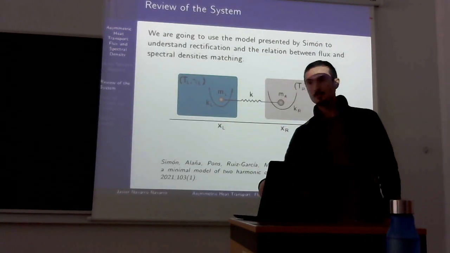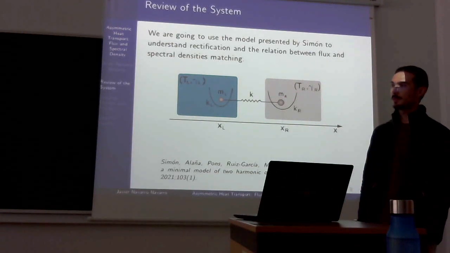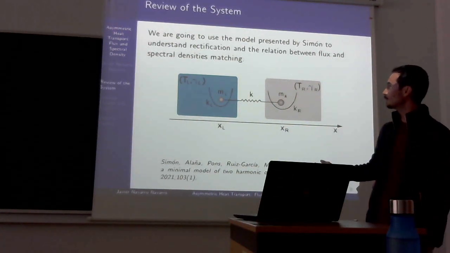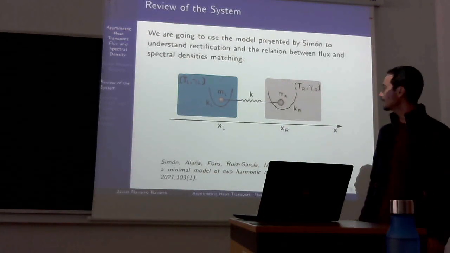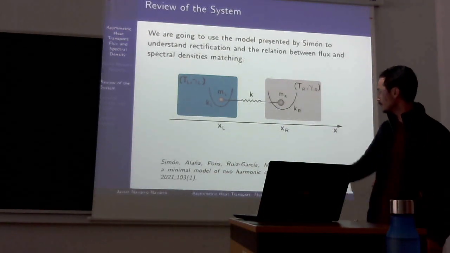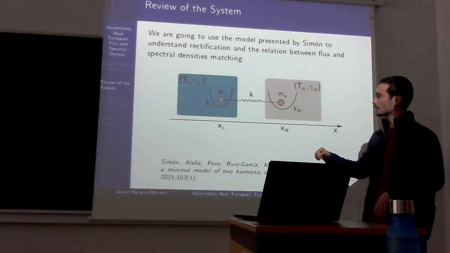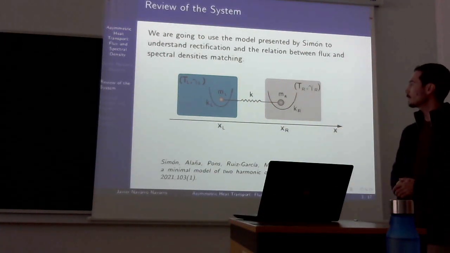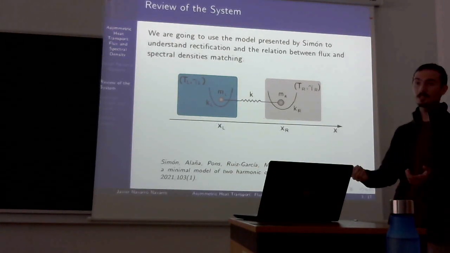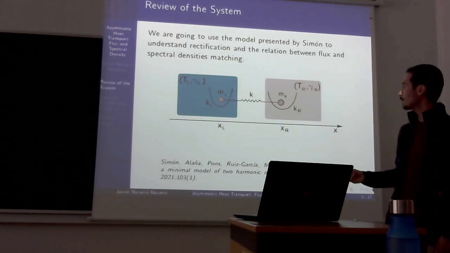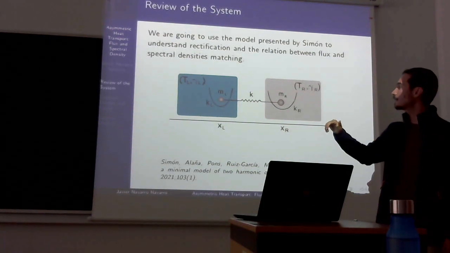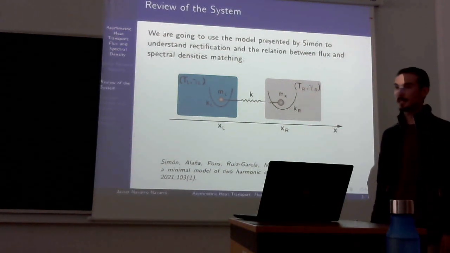So we would like to check this popular folk theorem, and to do so we are going to focus on this very simple model that was introduced in this paper and consists of two ions with different masses. Each one is trapped in a different harmonic trap, with constants KL and KR, and each one is in a different bath, and the baths are modeled as Langevin baths.